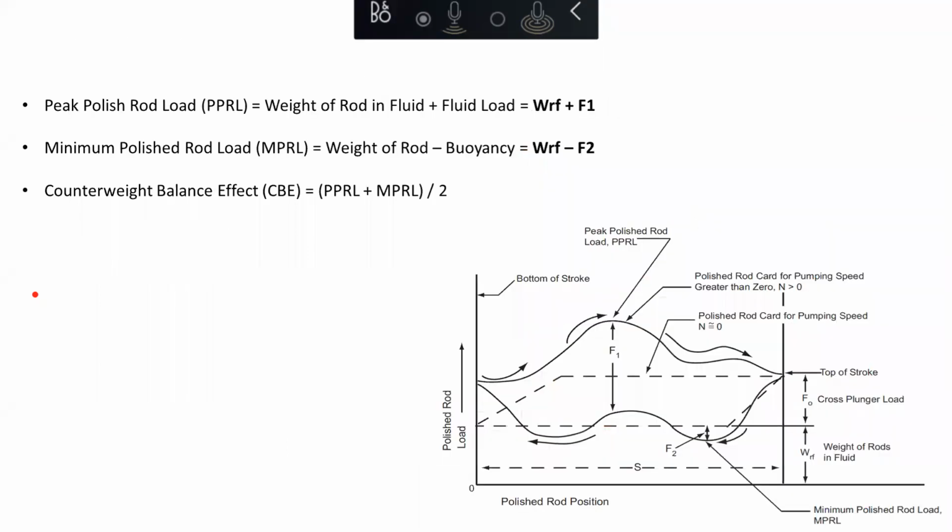Now let's understand the basic concept here. You have peak polish rod load, the PPRL, which is your weight of rod in fluid plus the fluid load. This is going to be your maximum load on your polish rod.